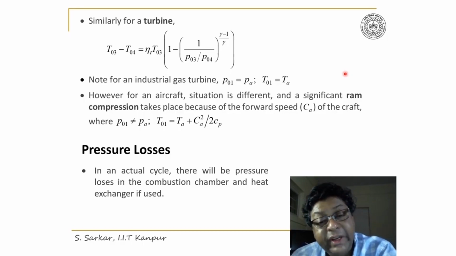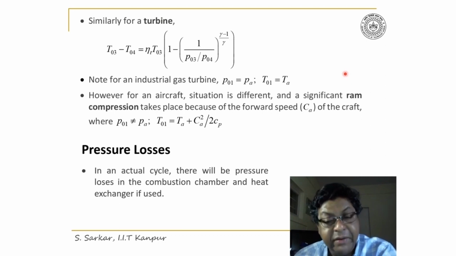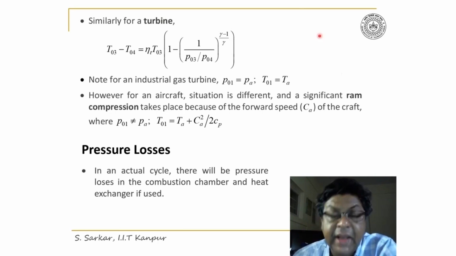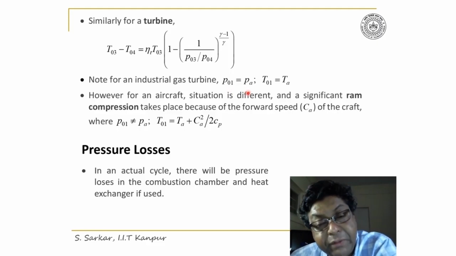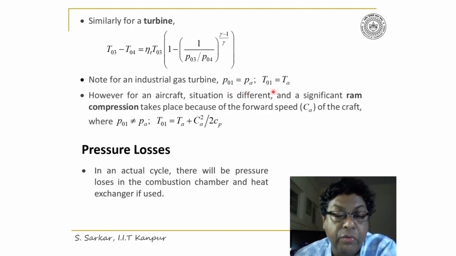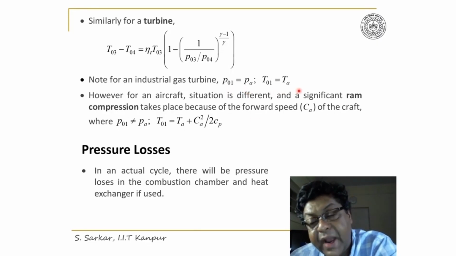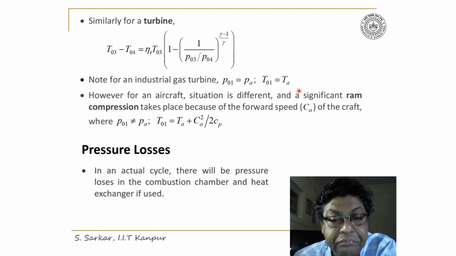Furthermore, for an industrial gas turbine, which is a land-based unit, I can consider here P01, total pressure at inlet, is equal to atmospheric pressure, and similarly T01 is equal to TA, atmospheric temperature.